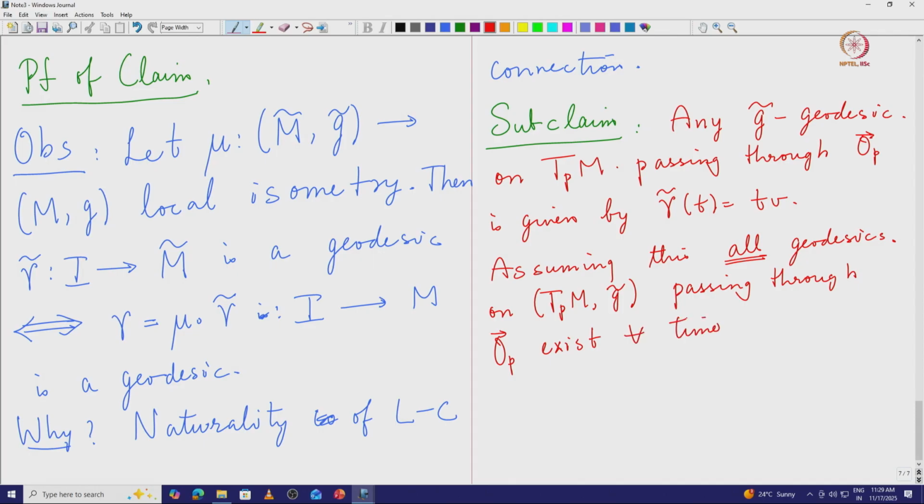But then that's enough by Hopf-Rinow. So remember, it's enough to check completeness at a single point. By Hopf-Rinow, this was one of the statements in the Hopf-Rinow theorem, this implies that this is a complete Riemannian manifold, and it proves the claim.